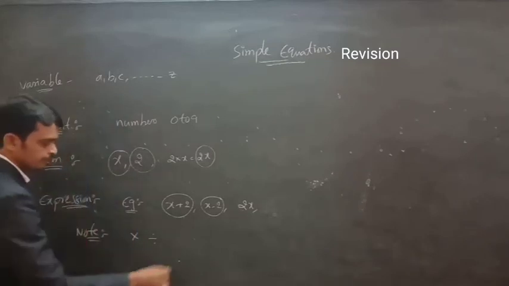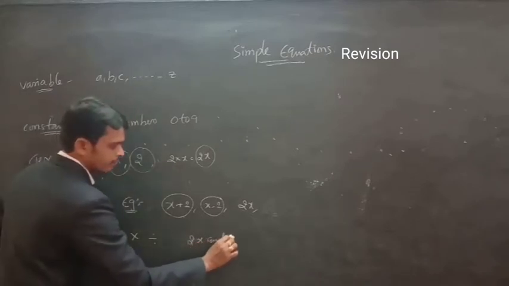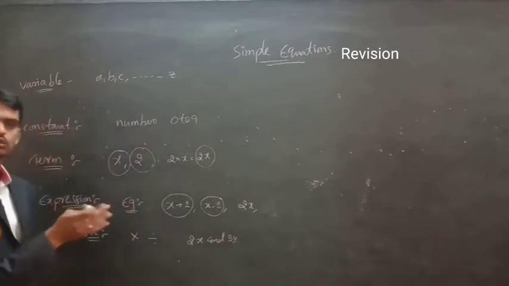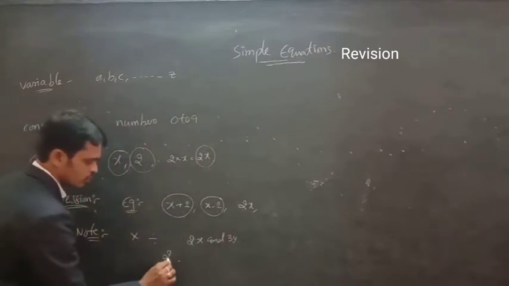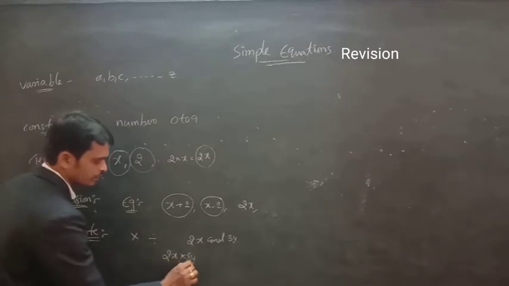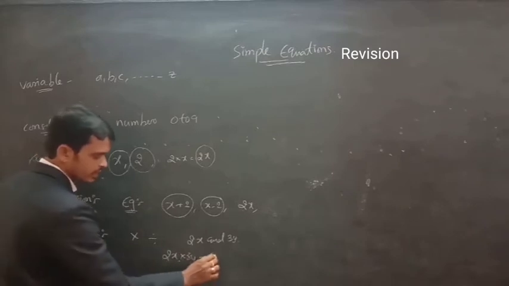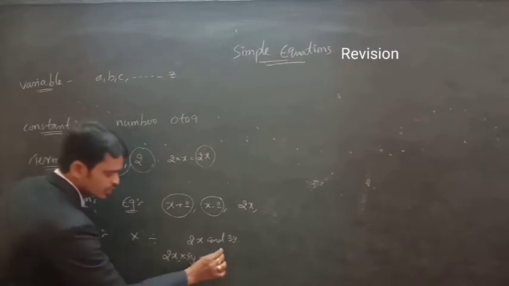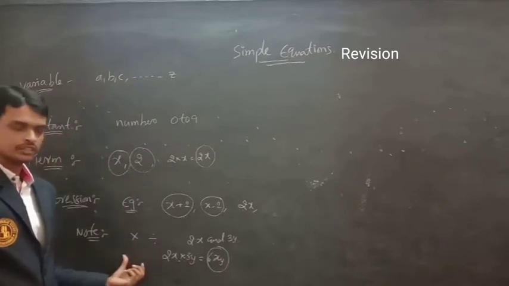For example, 2x and 3y are two different terms. Multiply these two terms: 2x into 3y is 2 threes are 6, x into y is xy. So 6xy is a single term.